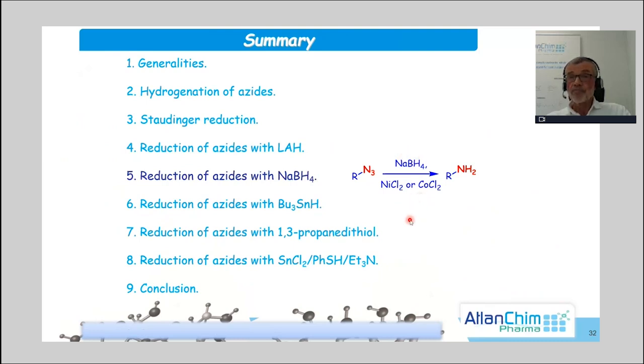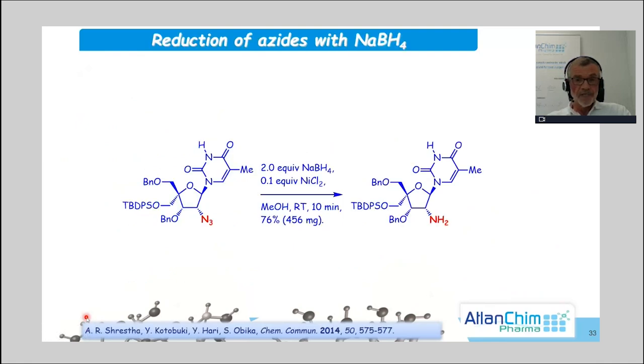It should be pointed out that in general, sodium borohydride itself does not reduce azides. In this context, different salts have also been used, such as nickel chloride or cobalt chloride, as we will see in the following examples.